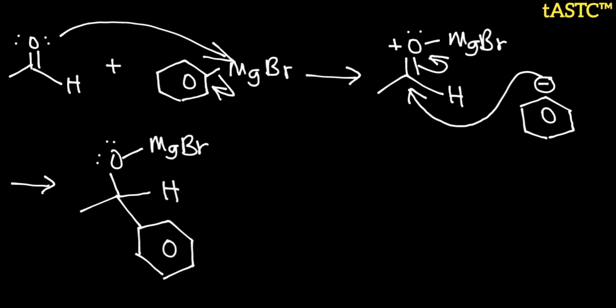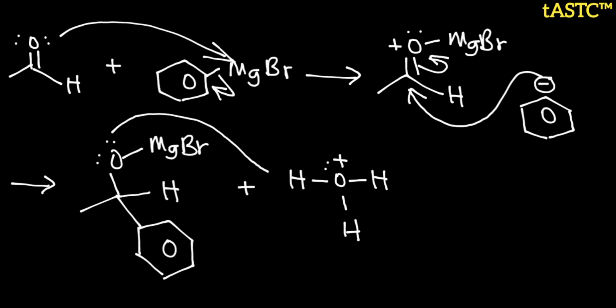Now, as usual, the next thing that will happen, you're going to take the hydronium ion and react it with that system. So one lone pair from the oxygen is going to detach a hydrogen from here, and this bond will return to the oxygen. And that is actually going to form water, which later on will be very useful.